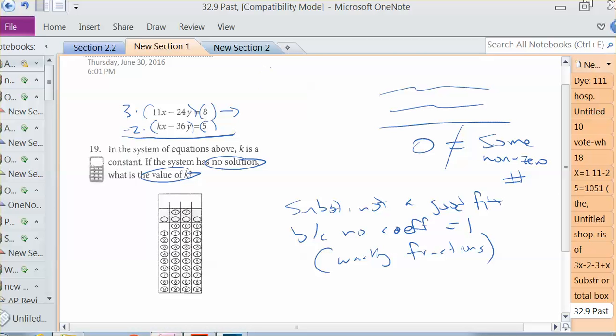Actually, it's -72 for the first equation. So you get 33x minus 72y equals 24. Here you get -2kx plus 72y equals -10.